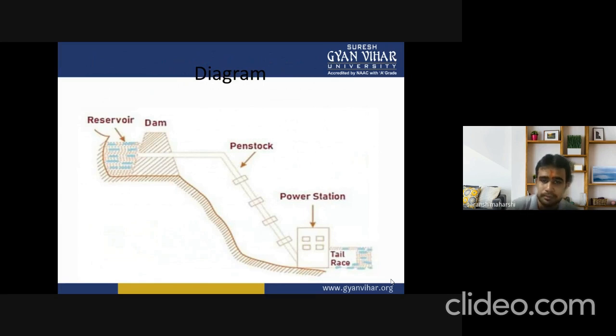The reservoir is connected to the dam, the dam is connected to the penstock, the penstock is connected to the power station, and the power station is connected to the tailrace. And these types of hydroelectric power plant are called low head hydroelectric power plant, which is part of this availability of the water.